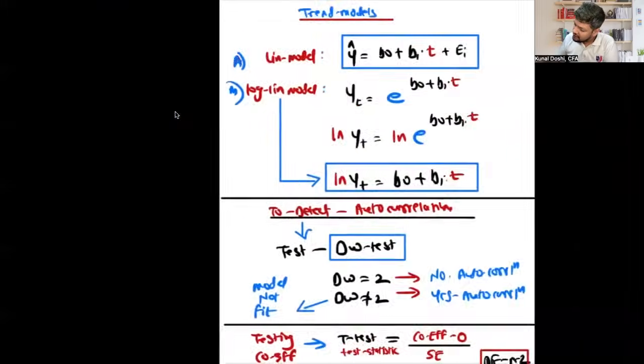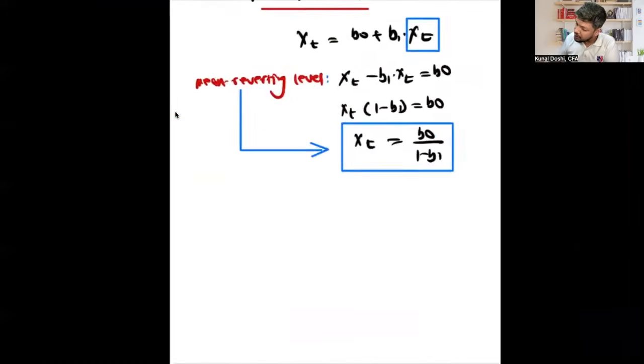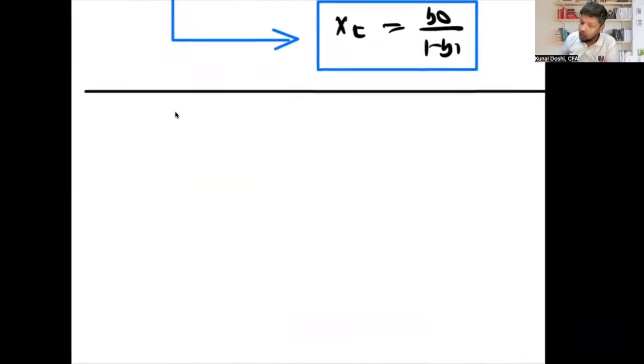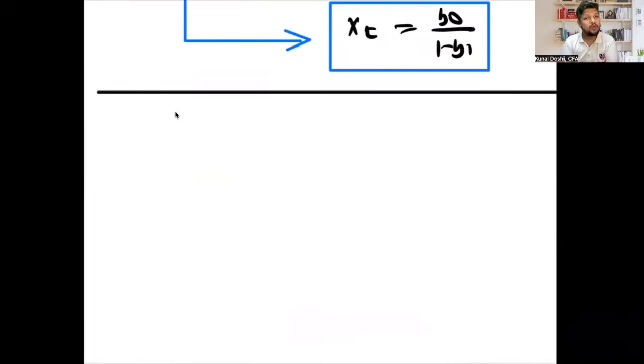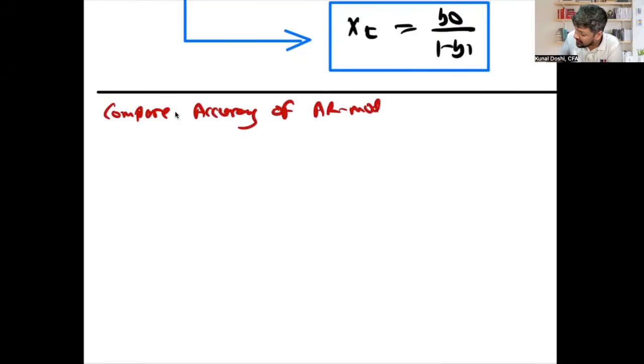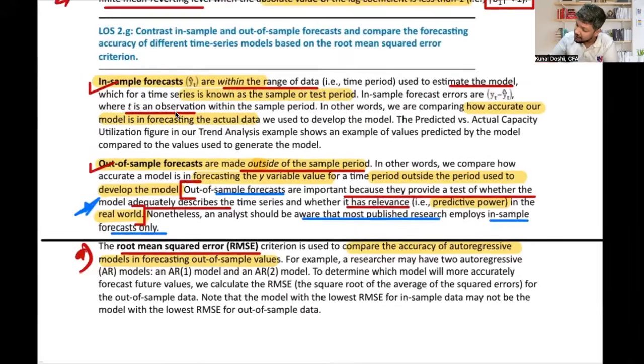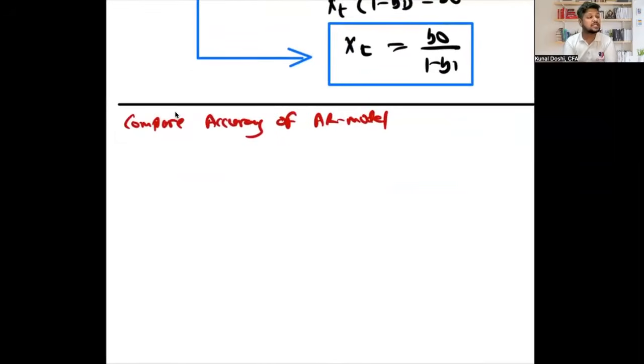So when I want to test the AR model, whenever I want to compare the accuracy of an AR model, in which test? Not in the sample, but out of the sample. We remember we had in sample forecast and out of the sample forecast. What is more reliable? Out of the sample forecast.